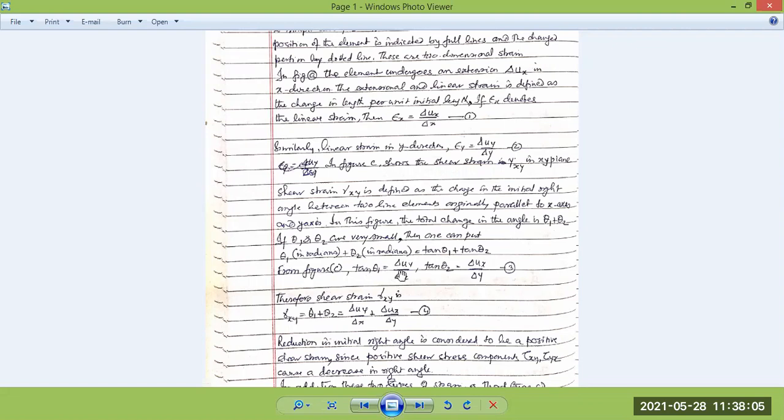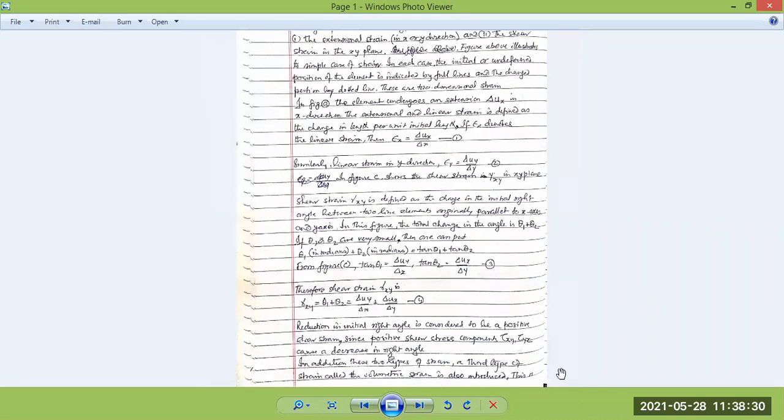So tan θ1 is del uy by del x, and tan θ2 is del ux by del y itself. So the shear strain is del uy divided by del x plus del ux divided by del y. So we got tensile strain in x and y direction and shear strain along the z direction itself.